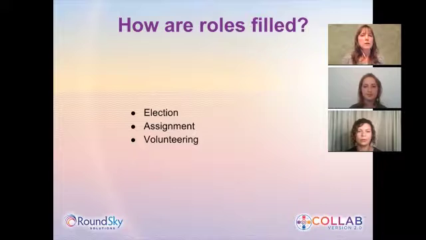The trouble with volunteerism is that it's harder to get someone out of a role if they're not doing a good job. Whereas if you're electing, that gives you a process for dealing with that more reliably. In conventional management, roles are filled usually only through assignment by the manager with little or no input from any other team member.